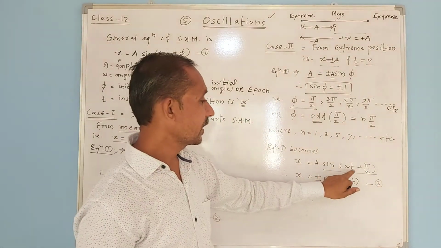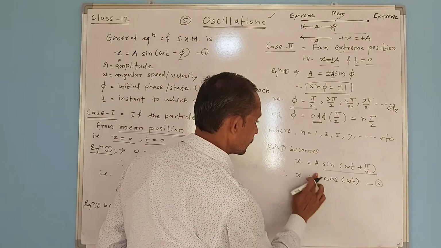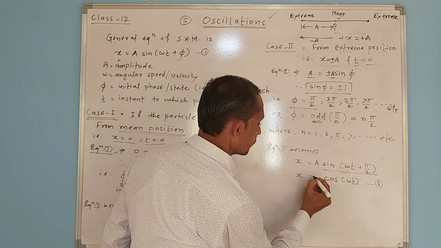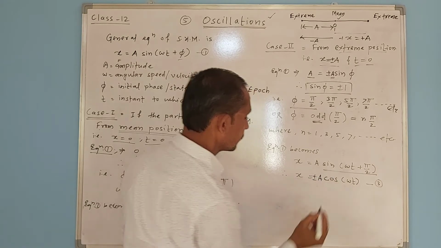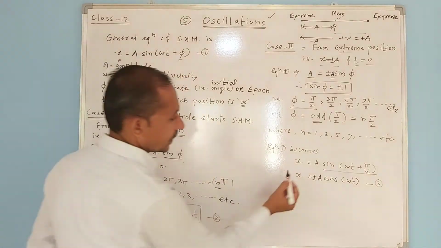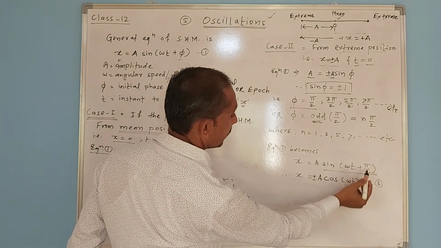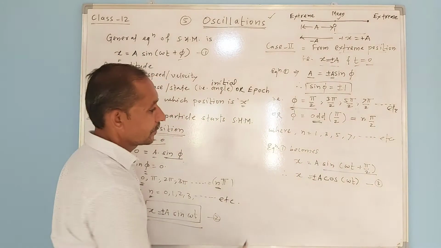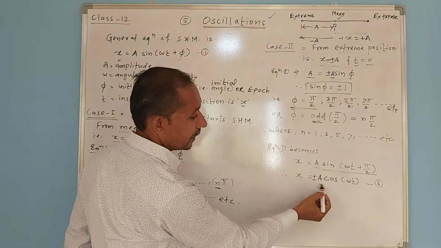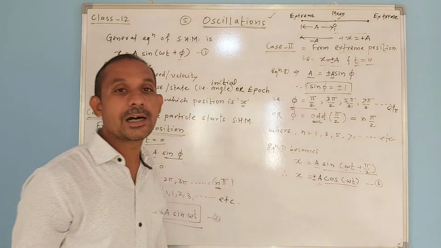So x is equal to plus minus a cos of omega t.